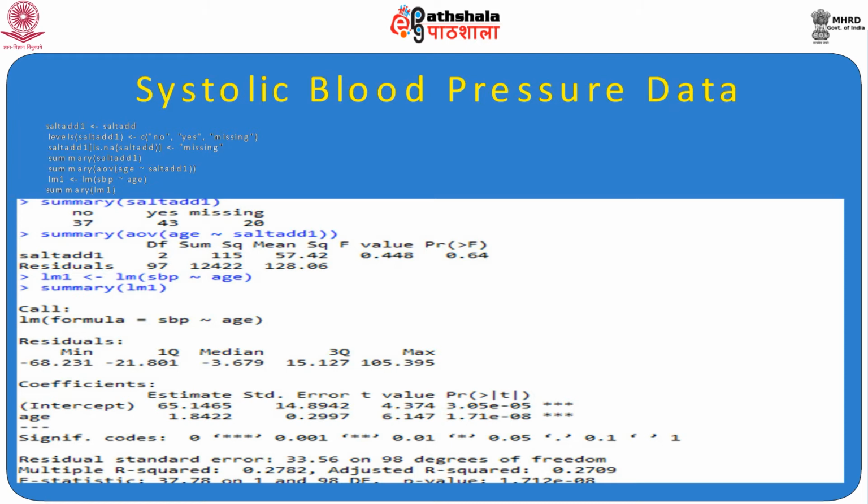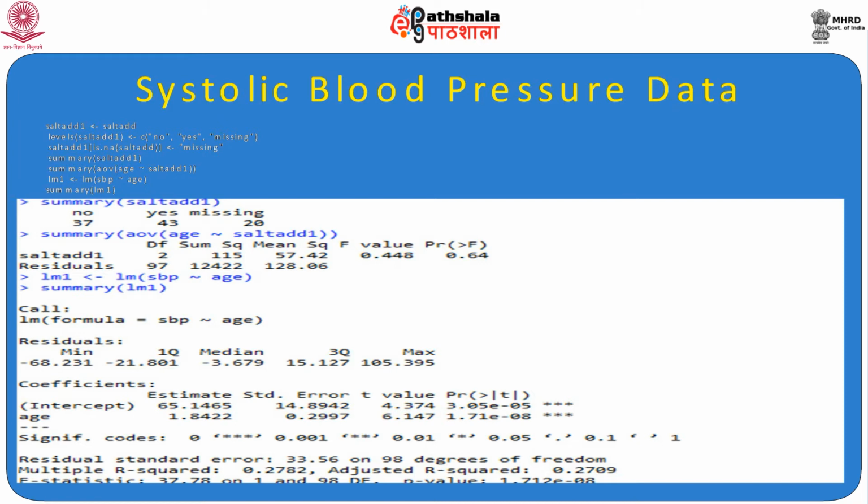So it is a highly significant value. Since the age regression coefficient is positive, it can be stated that those who are of high age have significantly high systolic blood pressures. Here the 95% confidence interval is calculated, and the F statistic is found to be 37.78 with 98 degrees of freedom.